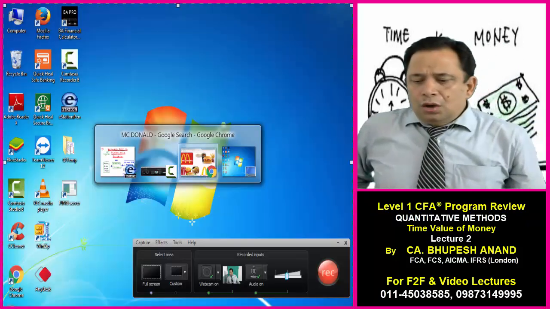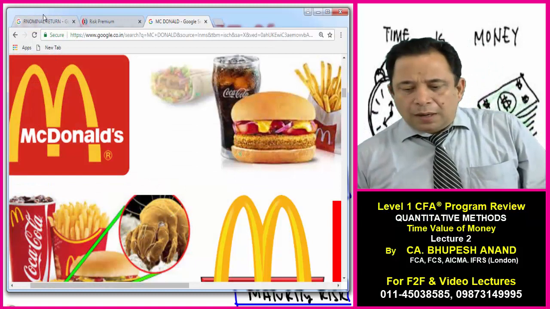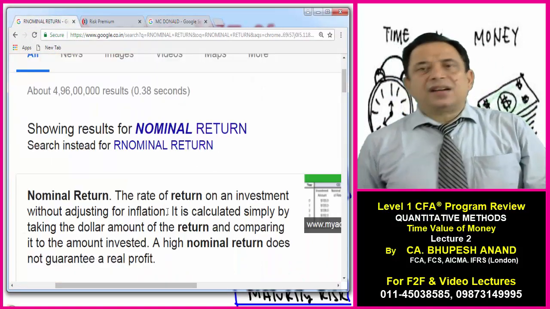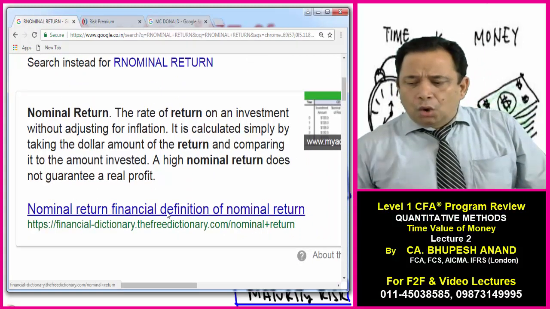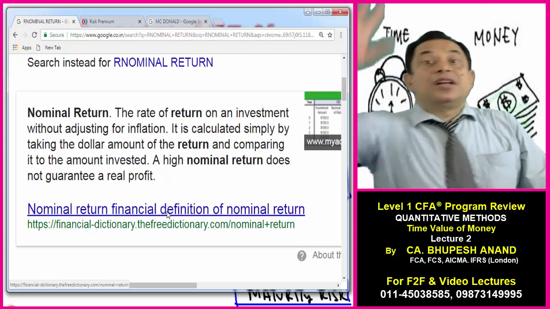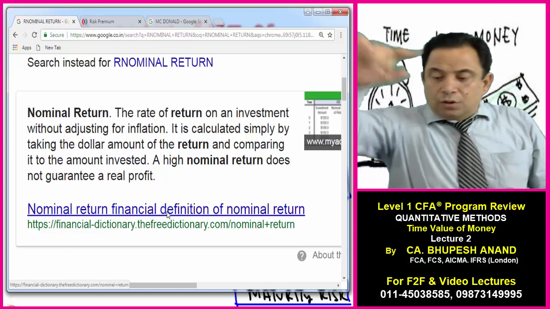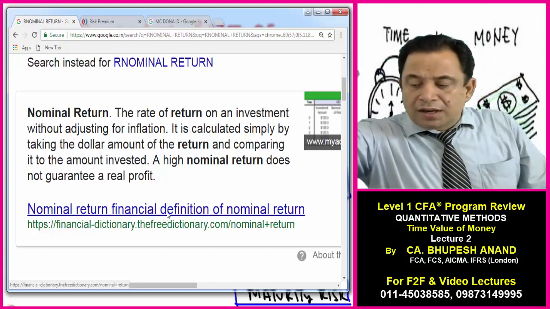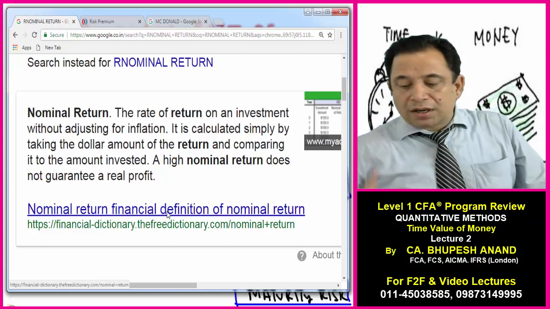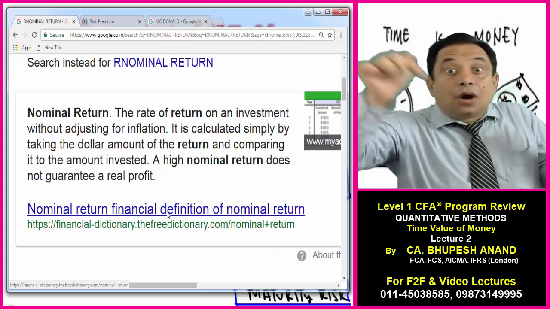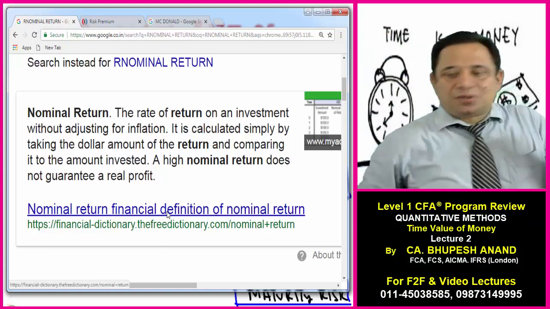Let me move to Google Baba. What is Google Baba saying to me about nominal return? I have asked the question, what is the meaning of a nominal return? The return on an investment without adjusting for inflation. It is calculated simply by taking the dollar amount of the return and comparing it to the amount invested. A higher nominal return does not guarantee a real profit, because it is a composite of inflation also.